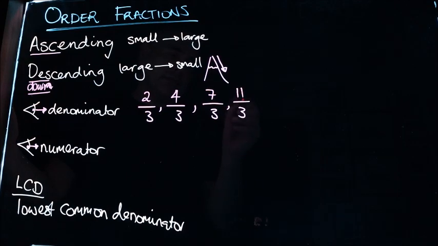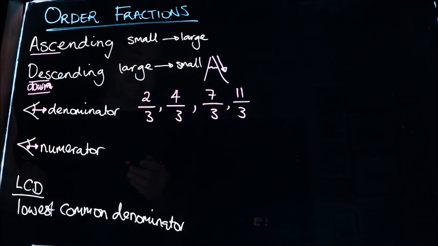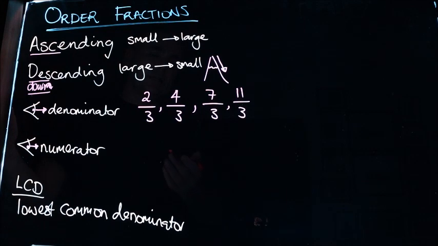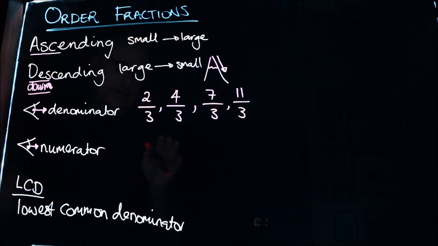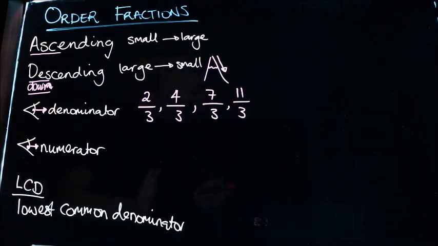Perhaps we've got something like this. They are in ascending order, starting with the smallest fraction all the way through to the largest fraction. That's really easy. If you just take the time to scan your list and look at the denominator, and if it's all the same, then that's great. We can quickly work things out.